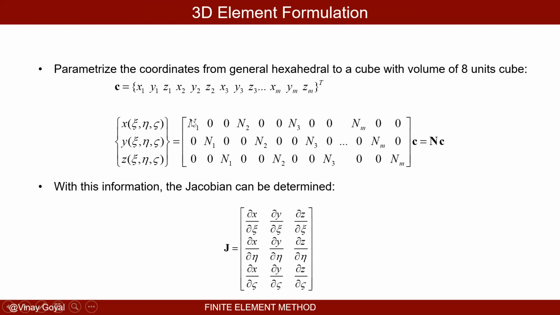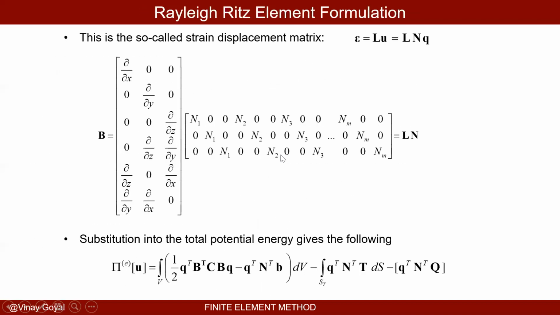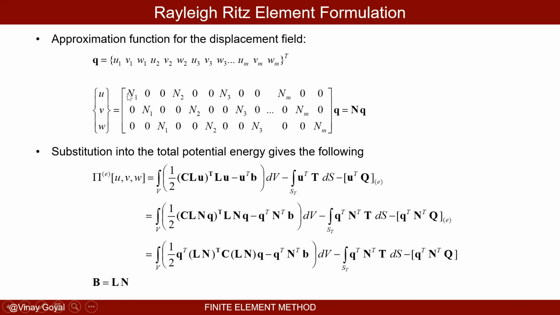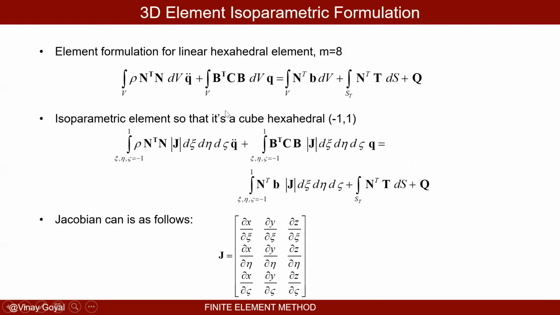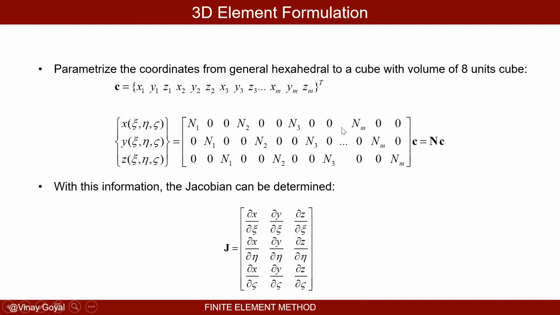And the idea here is to use the same shape functions I used to approximate the deflections. Use the same deflection approximations to then do that mapping that I want. And so C bold here is the vector of coordinates that I know because I know the coordinates of that cube.